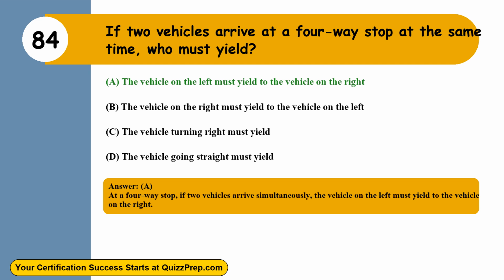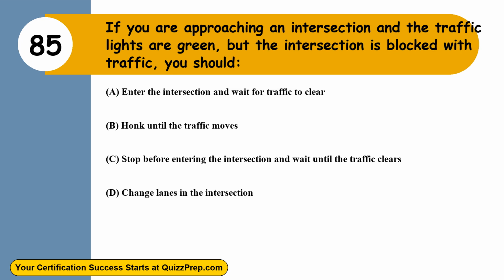Question 85. If you are approaching an intersection and the traffic lights are green, but the intersection is blocked with traffic, you should: Option A, enter the intersection and wait for traffic to clear. Option B, honk until the traffic moves. Option C, stop before entering the intersection and wait until the traffic clears. Option D, change lanes in the intersection.